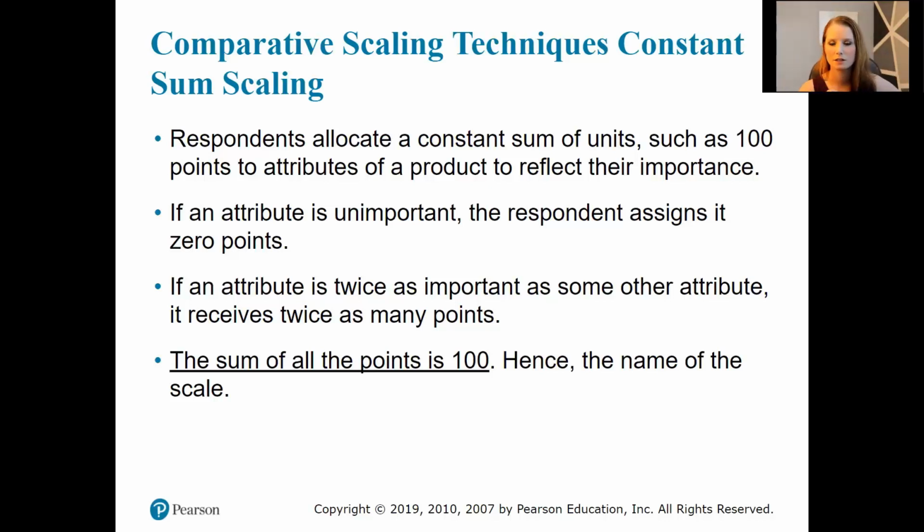Another way we see this a lot is in a group project, where a professor will say, out of 100 points or 100 percentage points, you need to allocate each group member a percentage based on how much work they did and how much they contributed to the project. The total must be 100%.